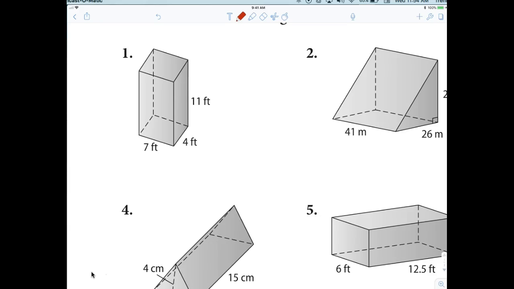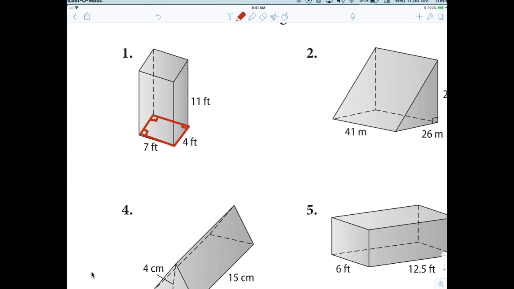What is the shape of the base? Now, I'll draw the base, just so you understand what I'm talking about. This right here would be considered the base shape. What is that base shape? A rectangle. Now it might be hard to see because we're drawing 3-dimensional shapes, but it is definitely a rectangle. Everybody hear me?